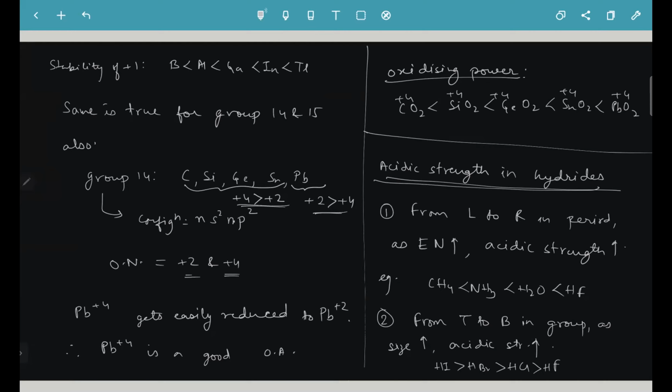For inorganic chemistry, you can buy a book as well. Okay, give me a minute. We'll start with chemical bonding.